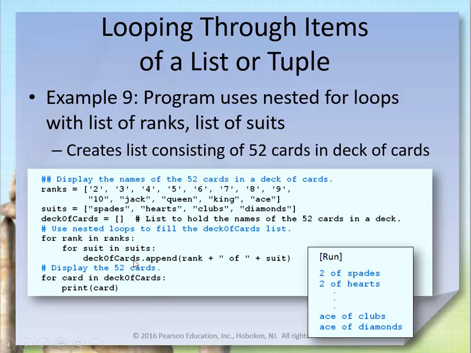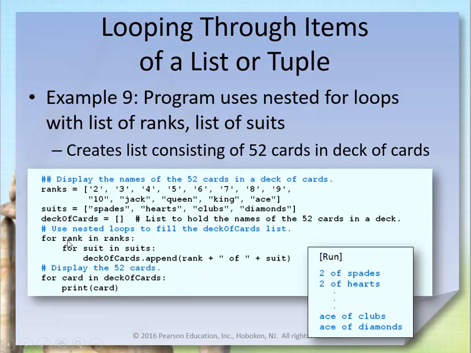The deck of cards dot append some value. Okay, so this is how we build this new list up here. For each time we're going through the loop, we're appending a new element to this list.